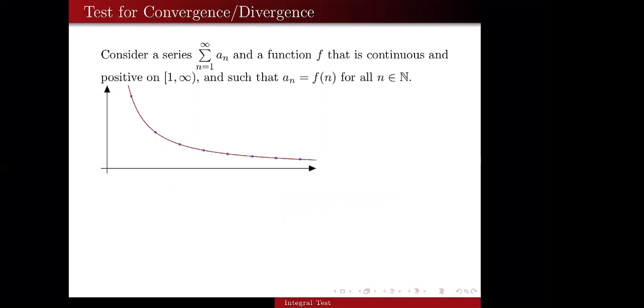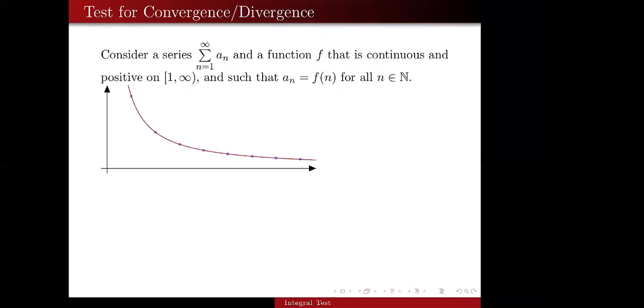Let us consider a series, sum a_n from n equals 1 up to plus infinity, and let's get a function f that is continuous and positive on the interval 1 to plus infinity, and such that the terms a_n are just your function evaluated at n.